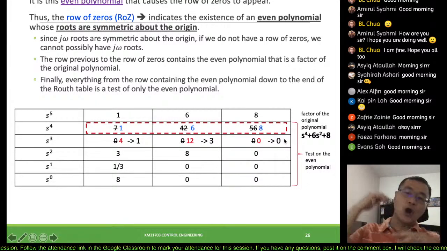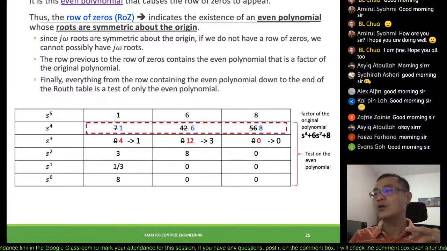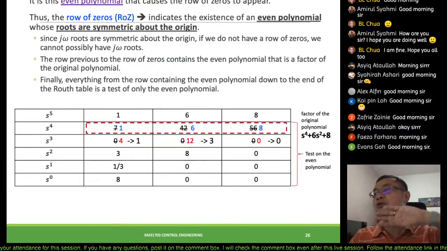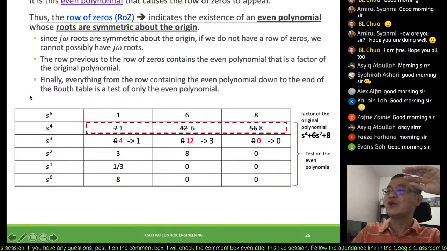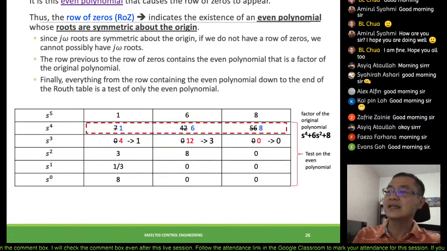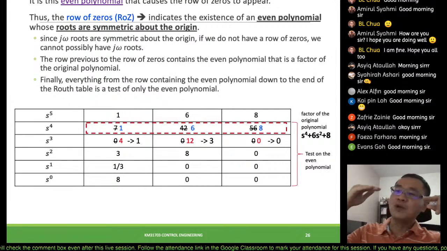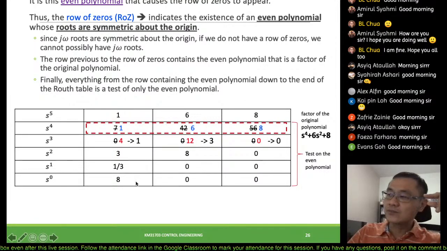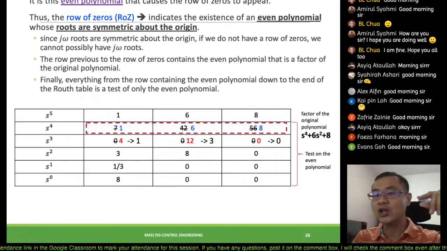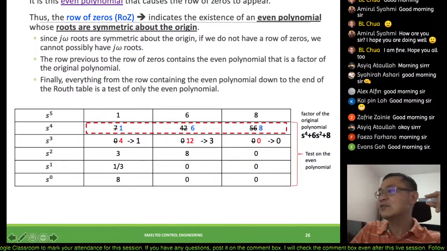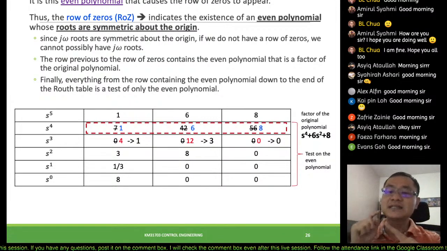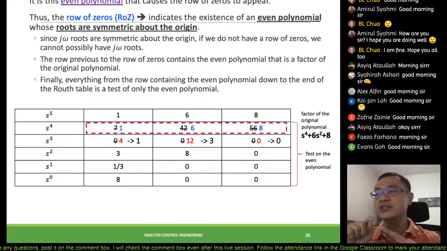We are not testing the original polynomial anymore, right? So we come to a point where we have two sections. One is the original polynomial, and when we come across a row of 0, the one before that will represent a factor to it, and what we do next, after we differentiate, is the test on the even polynomial, okay? And we know that the even polynomial has a characteristic that it is symmetry about the origin, right?